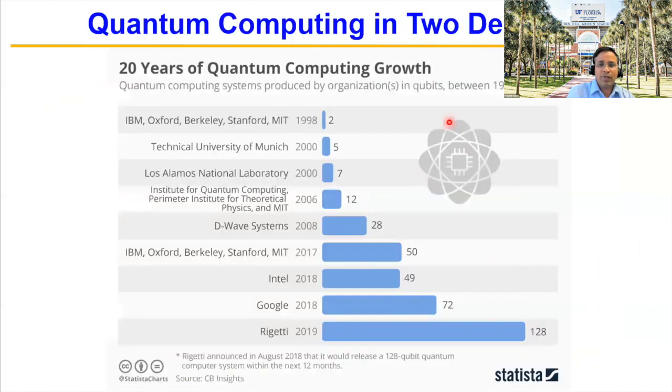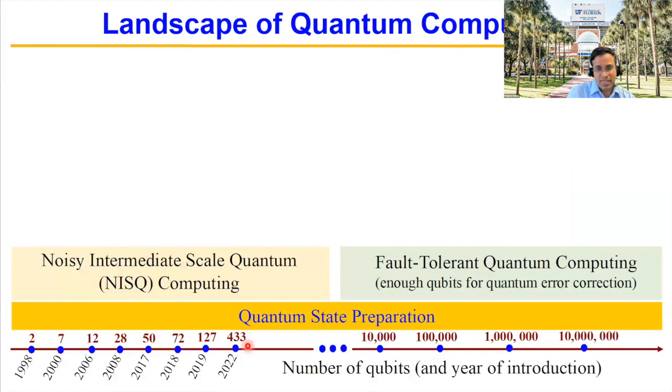Now, in terms of what's happening with quantum computing, it started with a few institutes and with 2 qubits 20 years ago. Although this picture is a little old, basically there is a steady growth in the number of qubits. And now we actually have a lot more than 128, which I tried to capture here. As of last year, IBM has a 433 qubit computer. Those of you who are fans of annealing and use D-Wave, they have thousands, but those are not generic qubits.